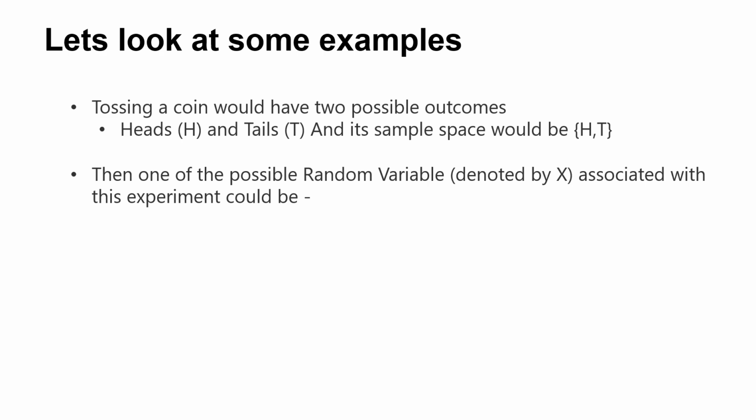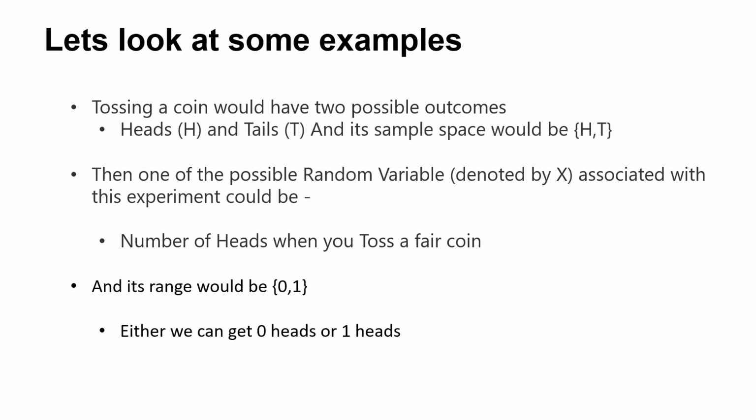So if we have to talk about one of the possible random variables attached to this experiment, it could be the number of heads when you toss a coin, right? So how many heads you can get when you toss a coin a single time. It would be either 0 or 1.